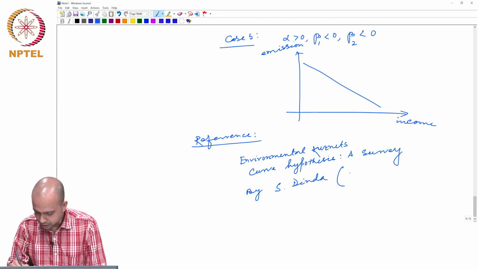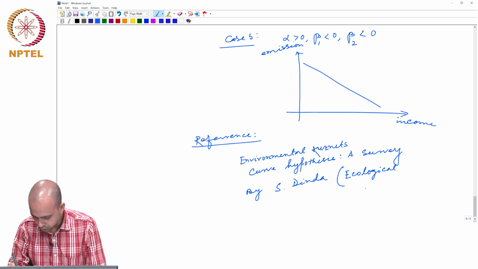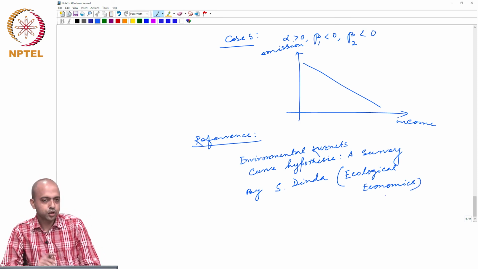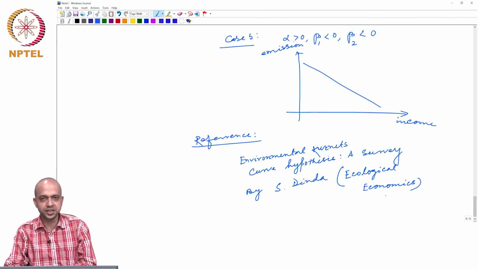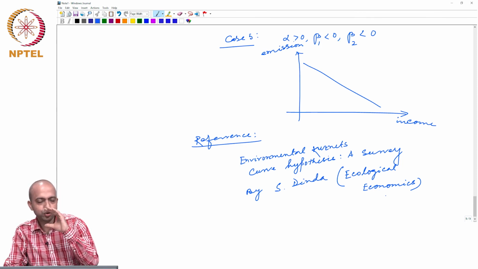Okay, and this is from a journal called Ecological Economics. So, if you type this title itself in Google, immediately you will get the link for this article and then you can easily download that. So, you have to follow this article for this particular module.